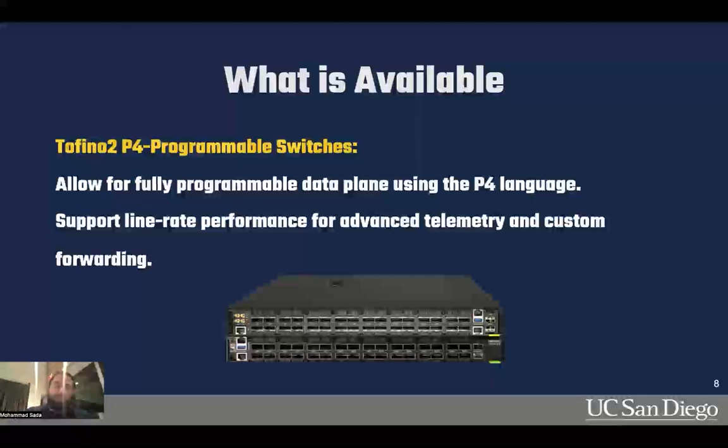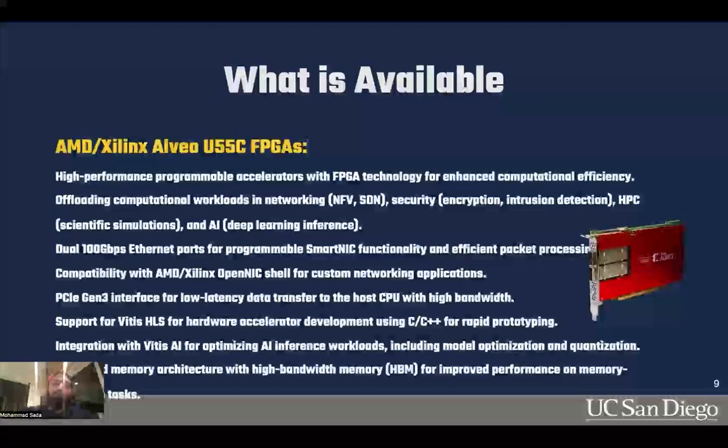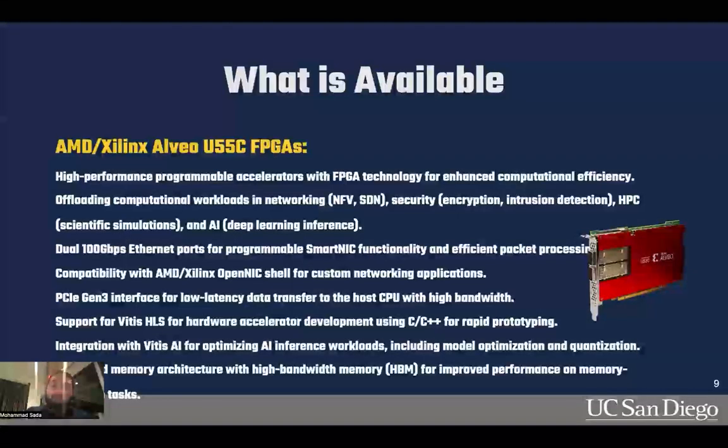Of course, going from there and talking about P4, we have to talk about the availability of FPGAs on the Nautilus cluster. So, as we have talked about in various tutorials, various environments, the Nautilus cluster has 32 Xilinx Alveo U55C FPGAs.